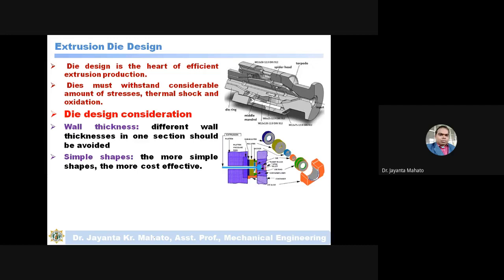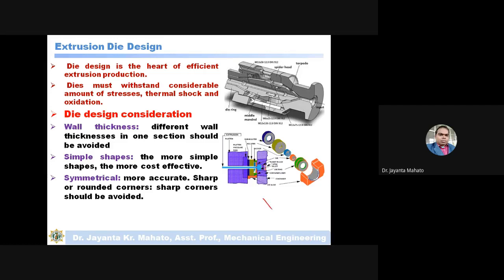Okay, but it is always recommended to maintain a wall thickness, means constant wall thickness. Okay, symmetrical, more accurate, sharp or rounded corner, means actually die are so like this.